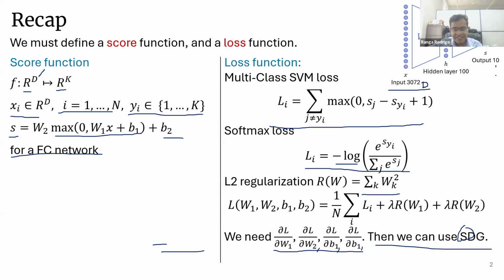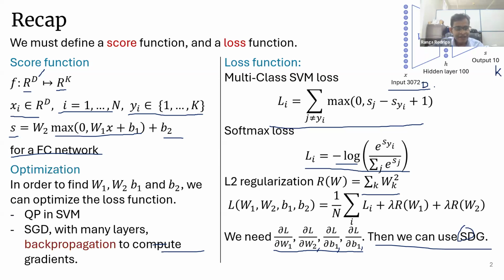If you have 10 classes, this is our K, right? Okay. So in order to find W1, W2, b1, and b2, we can optimize the loss function. Perhaps if you use SVM, you can use quadratic programming. But when you have many layers, we use backpropagation to compute the gradients so that we can use stochastic gradient descent.